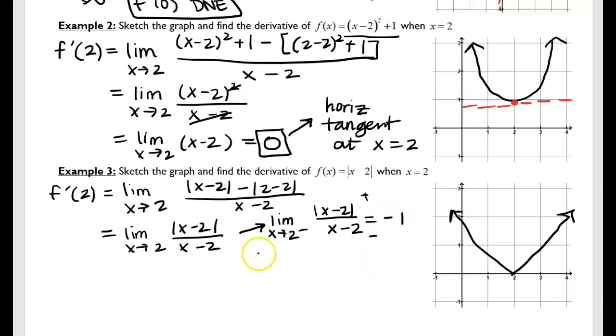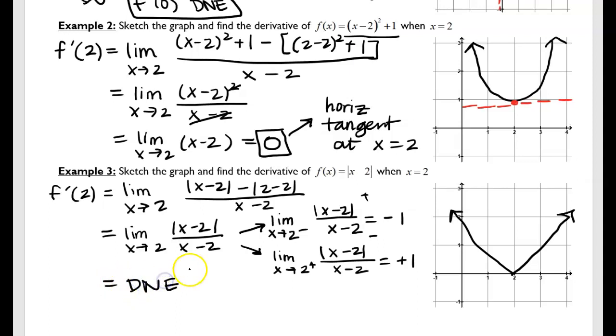You could also try to plug in positive 1 and you'd still get negative 1. If I plug in a number to the right of 2, let's just say 3, I get positive 1 over positive 1, which is positive 1. Since those limits do not match, I can say that this limit does not exist.